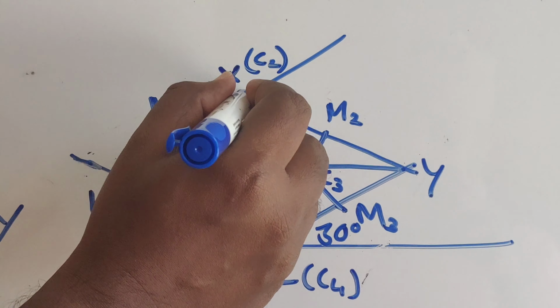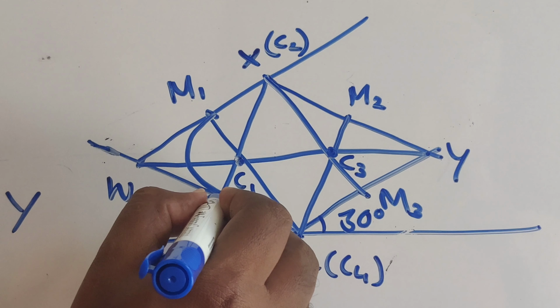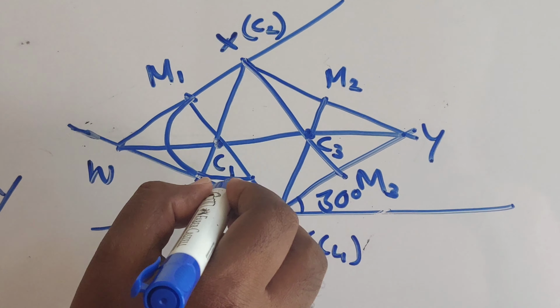Now taking C2 as center, C2 M4 as radius, you can draw the next arc.